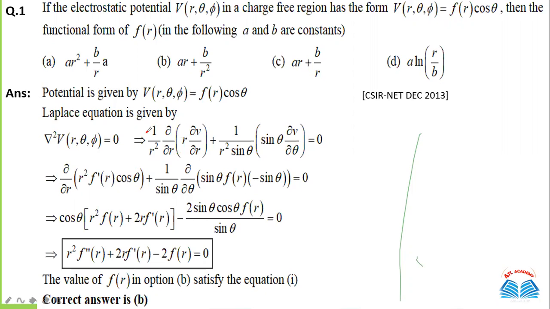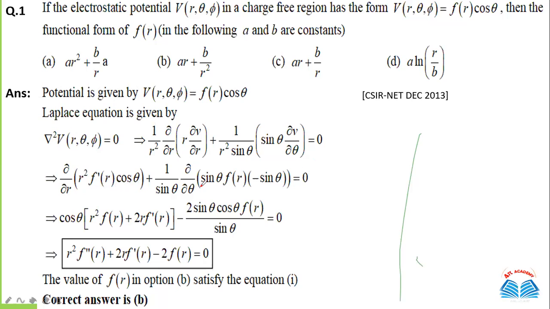So this is del squared V for spherical coordinates, and just put the value of V, which is F(r) cos theta. So we are putting this value of F(r) cos theta. If we do del over del r of F(r) cos theta, then we get F dash r cos theta.